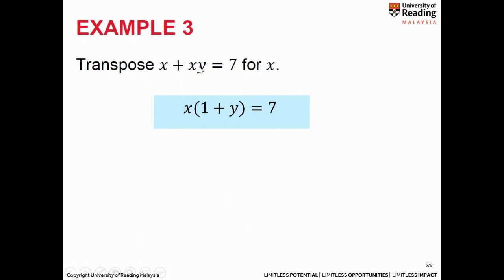So x plus xy. In video 2, you already know how to factorize the common factor from these two terms. In this case, x is the common factor. So when you factorize x, your bracket is 1 plus y. So you want to bring the 1 plus y over to the right hand side. It multiplies with x. When you bring it over, it should be divide.